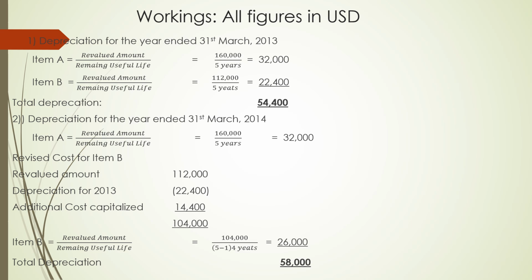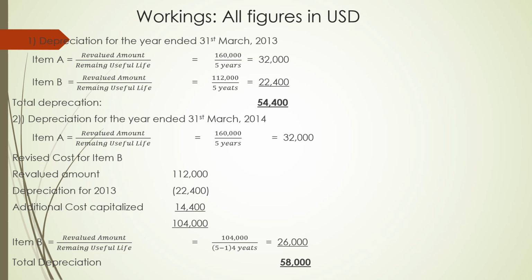From 1st April 2013 to 31st March 2014, we had an additional expired life, so we have to deduct that from the remaining useful life that was given to us. That's how come we have 5 minus 1, giving us 4 years.